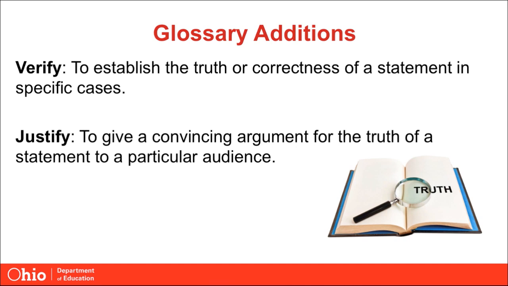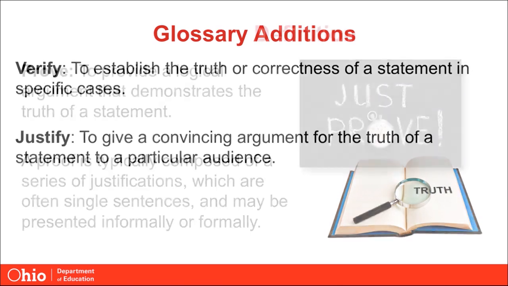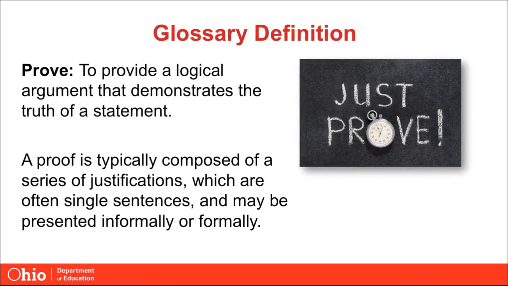Verify means to establish the truth or correctness of a statement in specific cases. Justify means to give a convincing argument for the truth of a statement to a particular audience. To prove something is to provide a logical argument that demonstrates the truth of a statement. A proof is typically composed of a series of justifications, which are often single sentences and may be presented informally or formally.